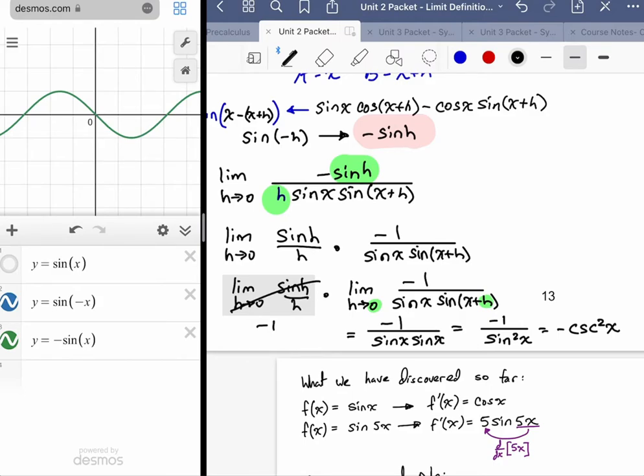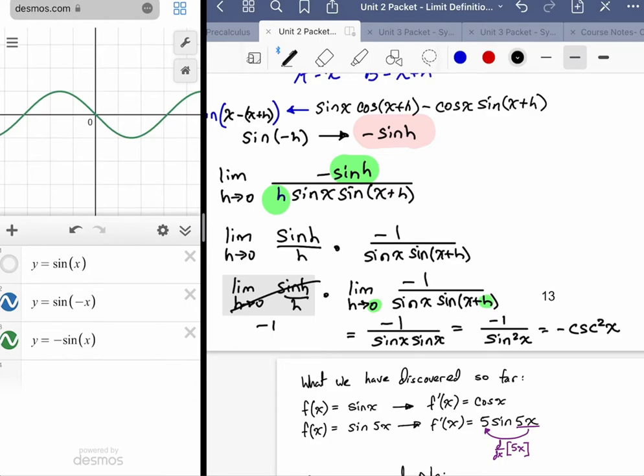We learned that yesterday. We just discovered that if the function cotangent x is differentiated, if we find its derivative, we would end up with negative cosecant squared x. Same structure, just slight differences along the way.